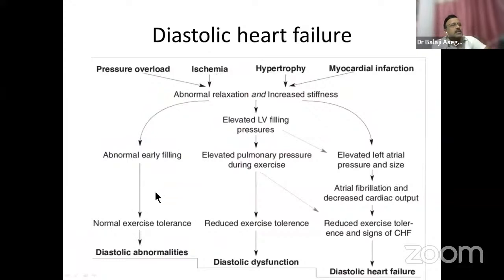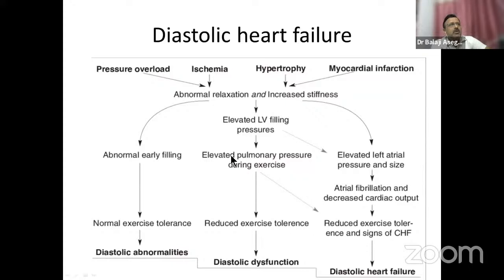In early stages, the patient can be normal, but when subjected to exercise, he may have breathlessness. When there is a diastolic dysfunction, the patient will have a reduced exercise tolerance. In severe diastolic heart failure, the patient has signs and symptoms of congestive heart failure.